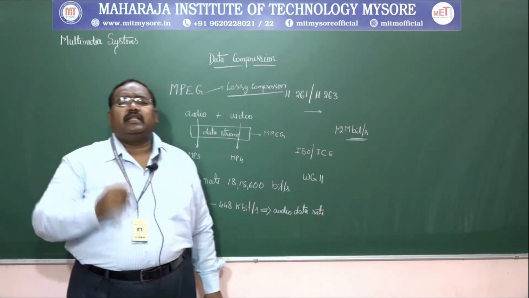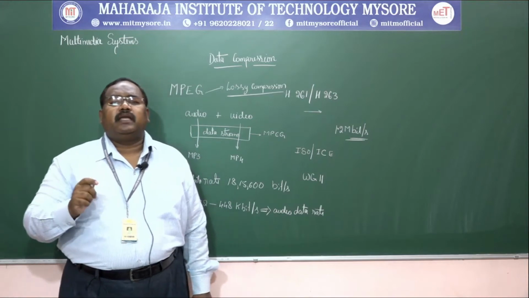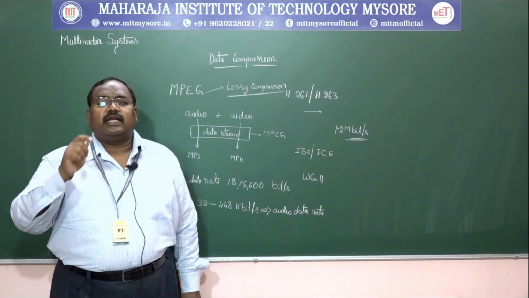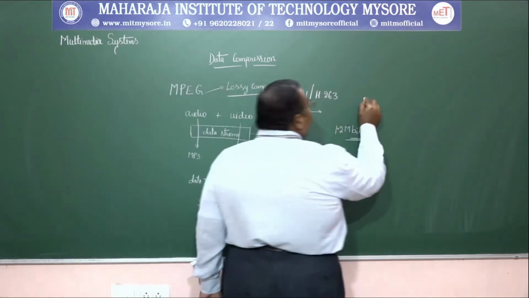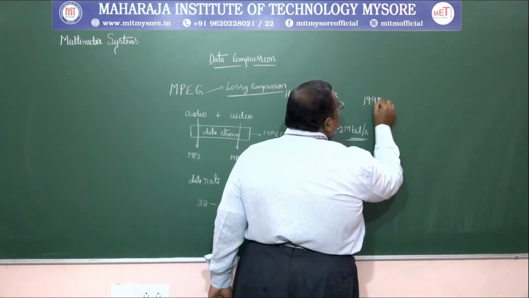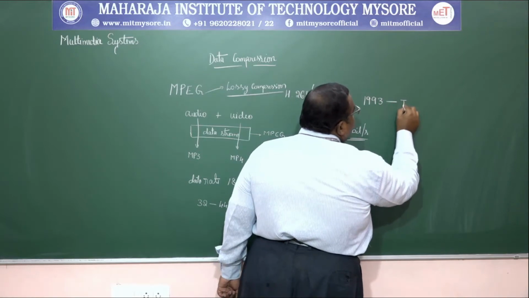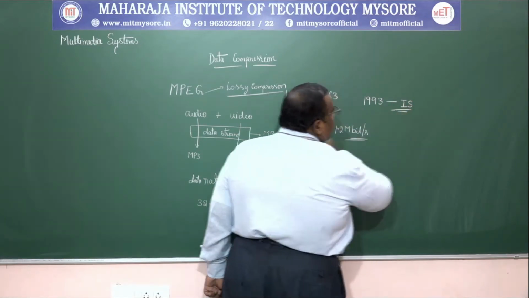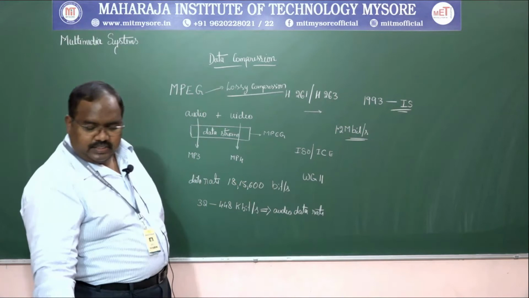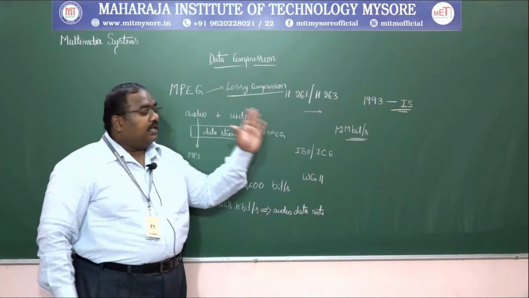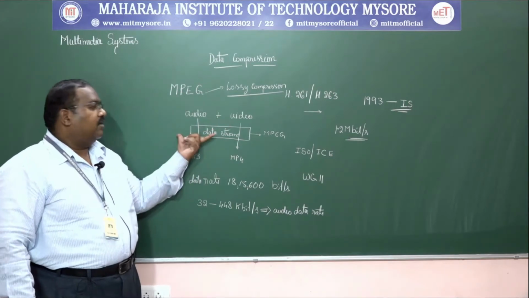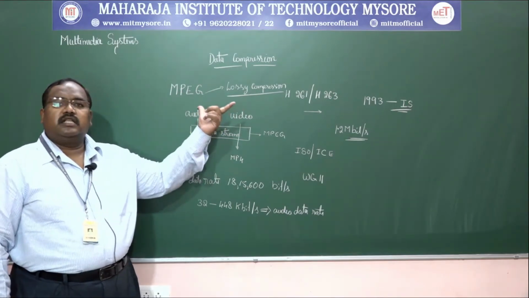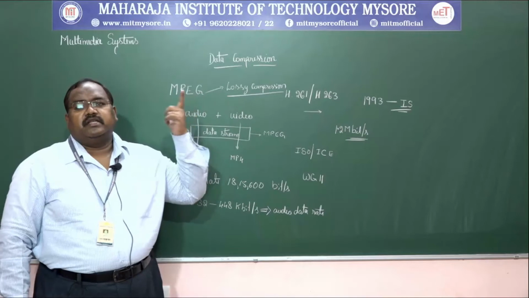Since 1993, Mpeg has been recognized as an international standard. This is the key point we need to consider: from 1993 itself, with respect to the audio plus video components, Mpeg is considered the international standard.